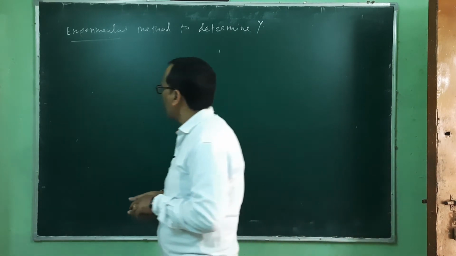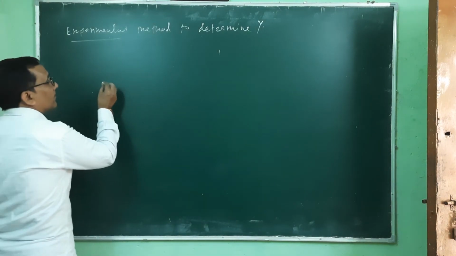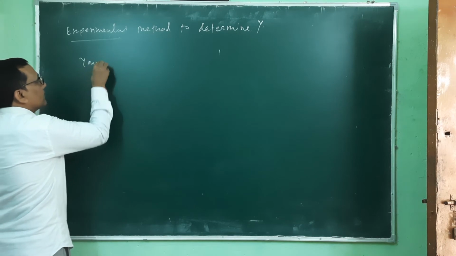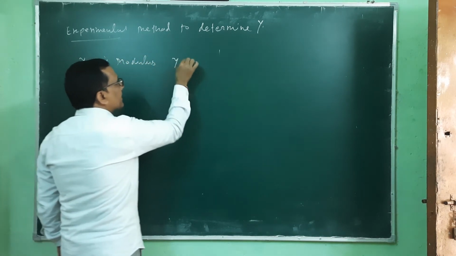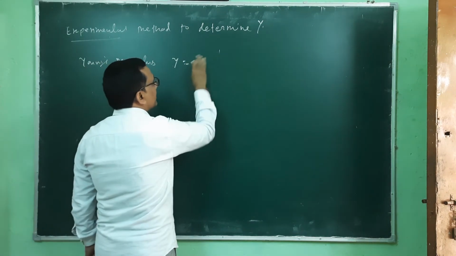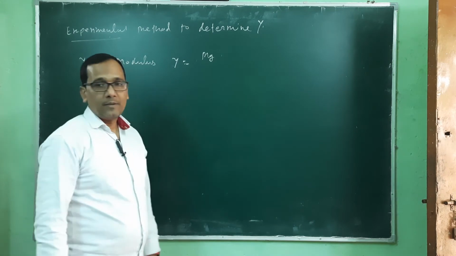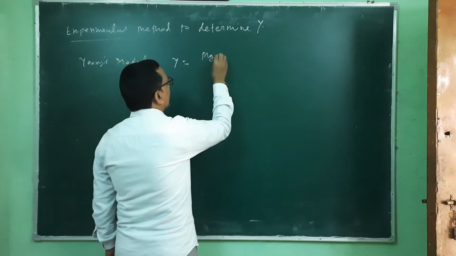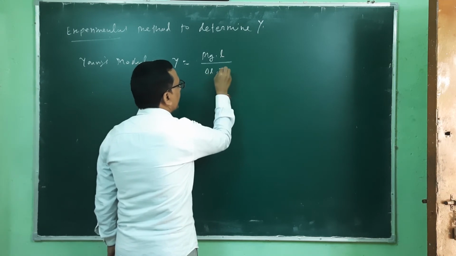For Young's modulus Y, the formula is Y equal to stress upon strain, which is equivalent to mg, mass multiplied by original length, upon the change in length multiplied by pi r square.